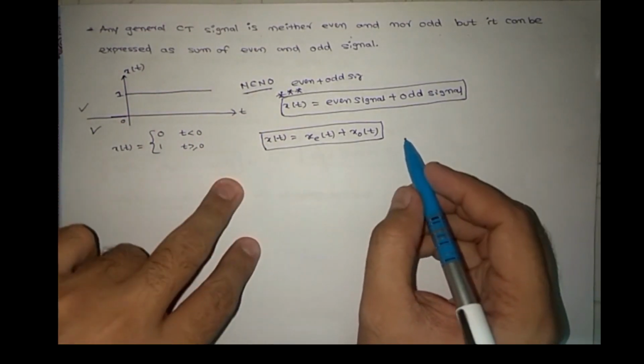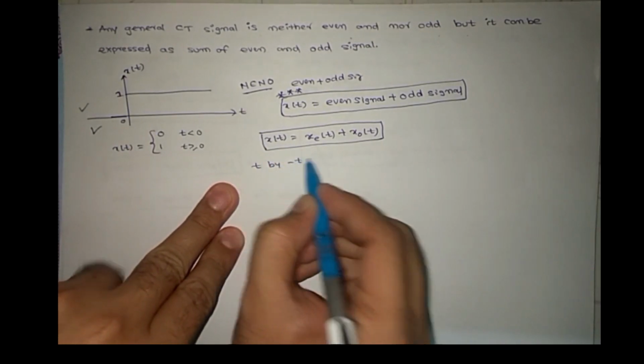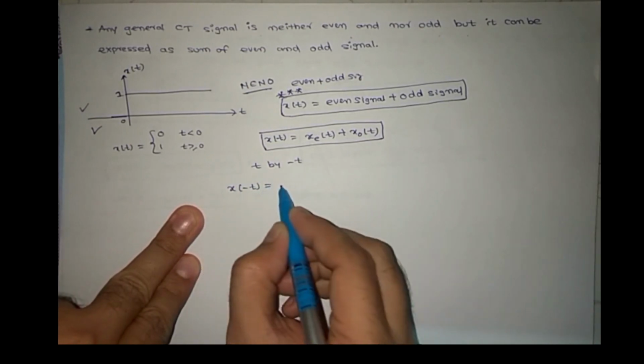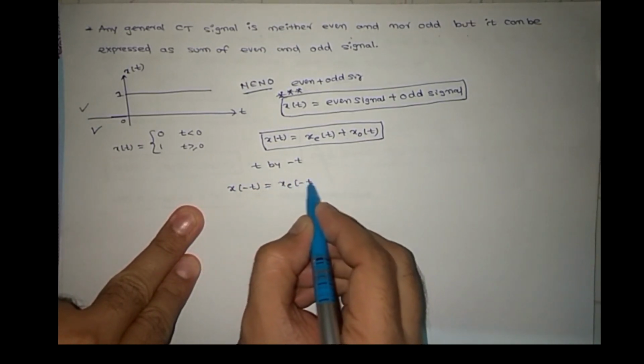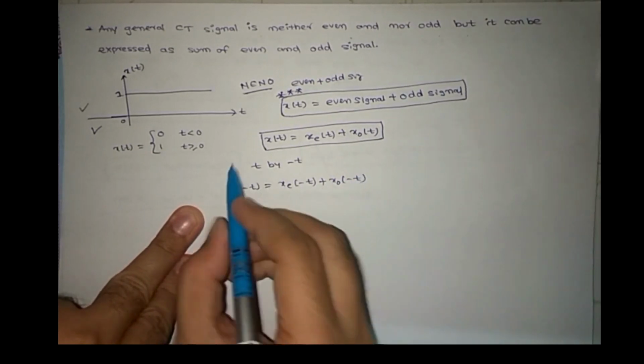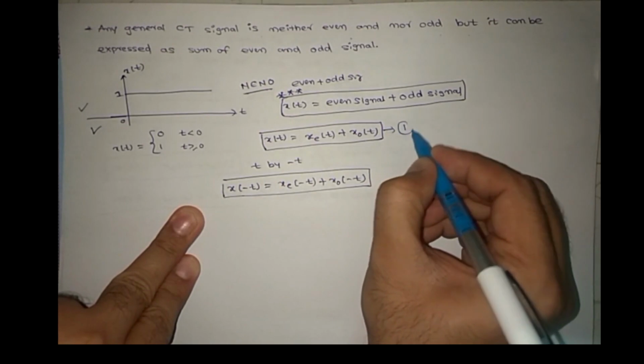So here I am replacing t by minus t. So what we are getting? x of minus t equals x even part of minus t plus x odd part of minus t. This is equation number 1 I am considering.